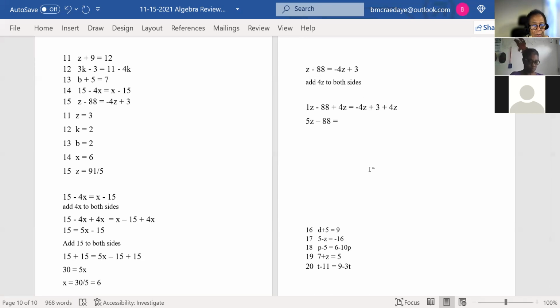This is a minus 4Z. This is a plus 4Z. That gives you what? A minus 4Z and a plus 4Z is 0. So that's going to be 0 plus 3. Okay.